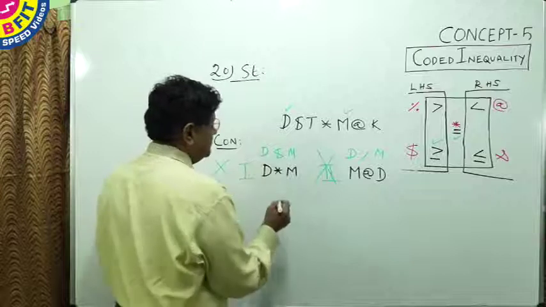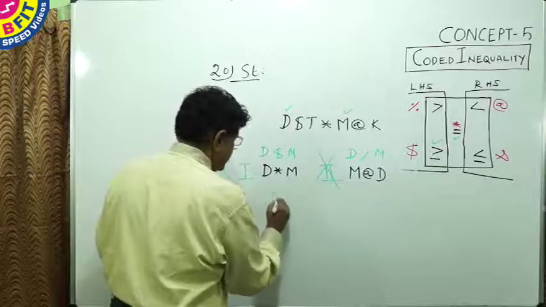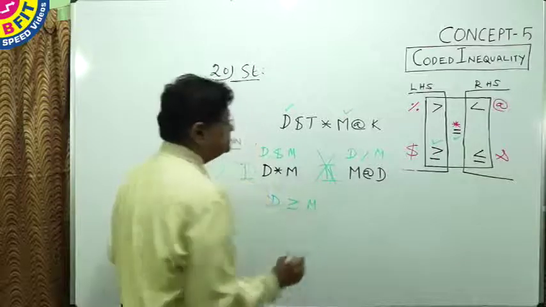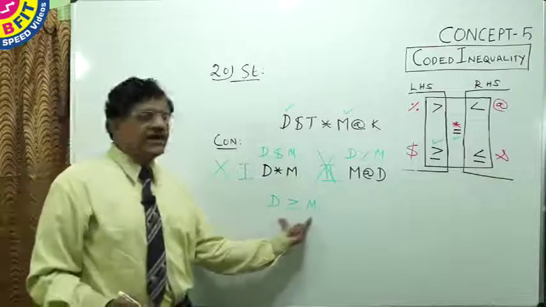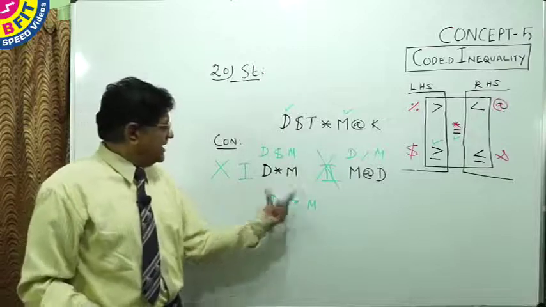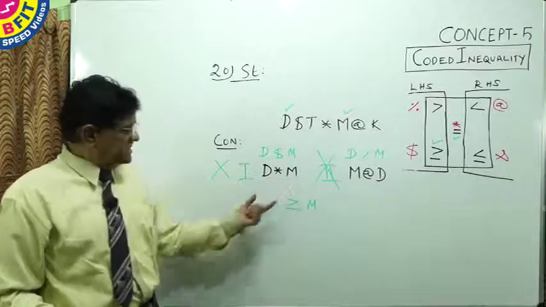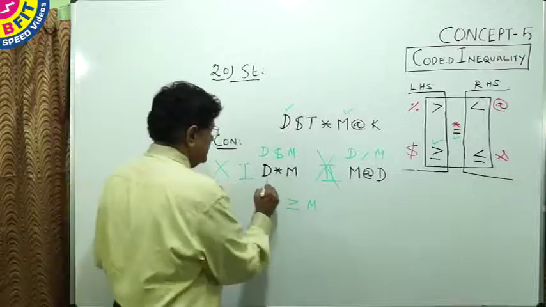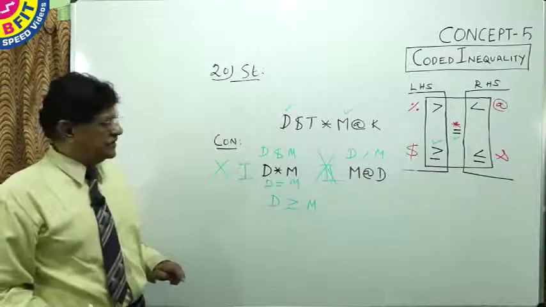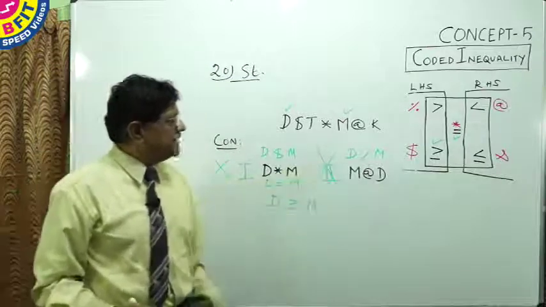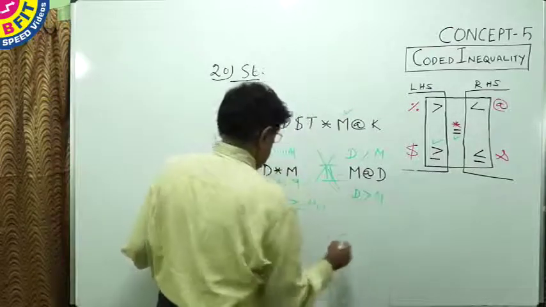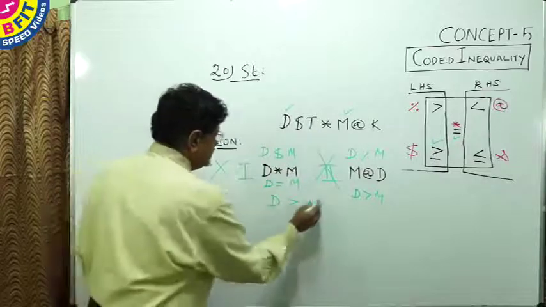D $ M, which we have arrived at, means D is greater than or equal to M. This is the real relationship between D and M. D star M means D is equal to M. D percentage M means D is greater than M. Now look at this.